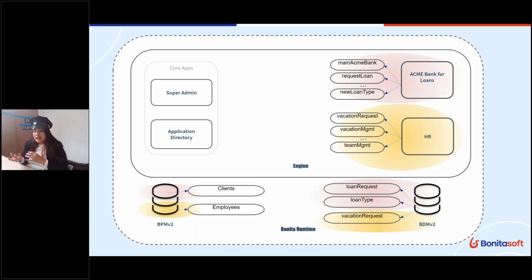On the other hand, for this example, the human resources is more for internal users of the Acme Bank. So it will be more interfaces for a vacation request, for example, the vacation management or the team management in general. And in consequence, we are using not the same objects as the first one, but more related to this vacation request, right?